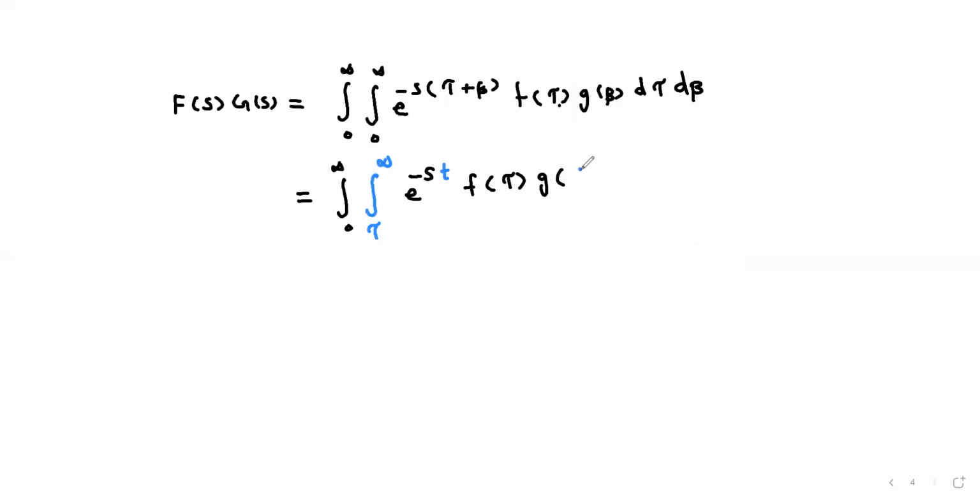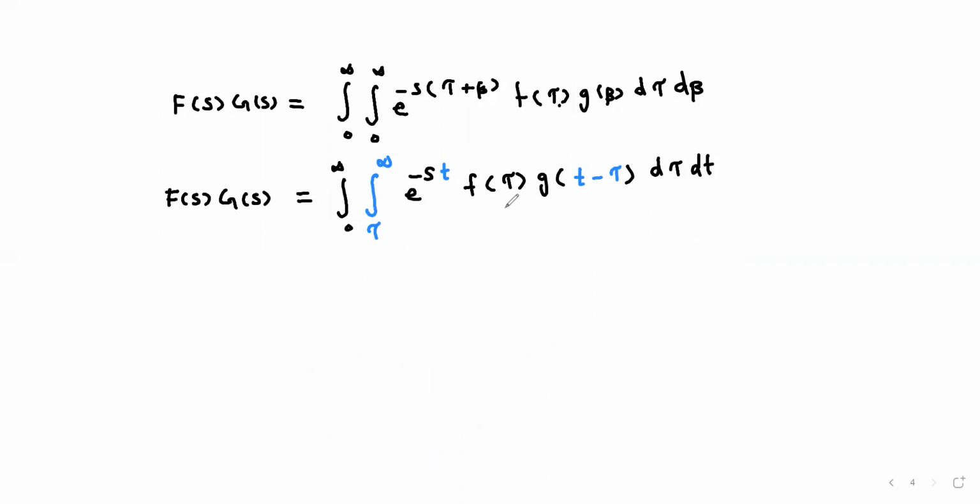Okay, and then I have d tau and dt. I get this type of integral, which is equal to F of s and G of s.